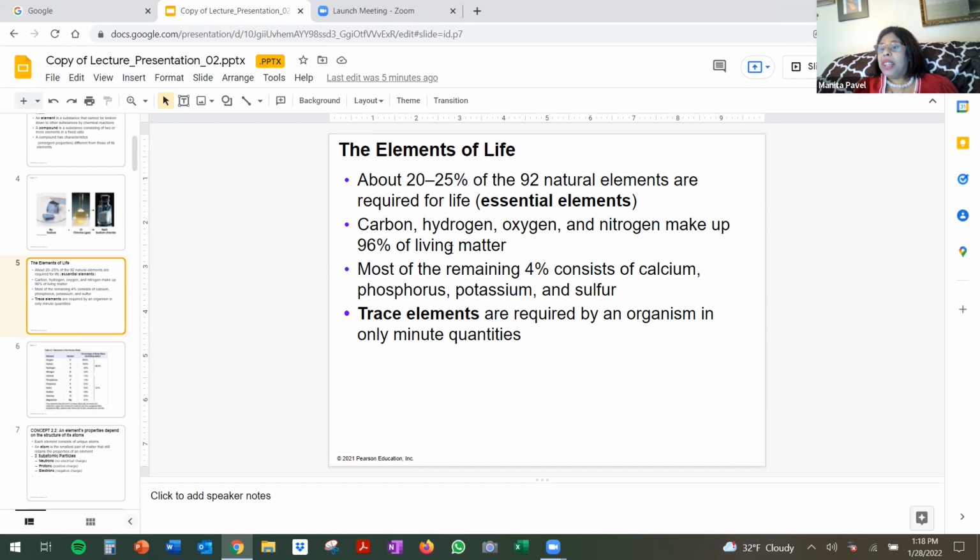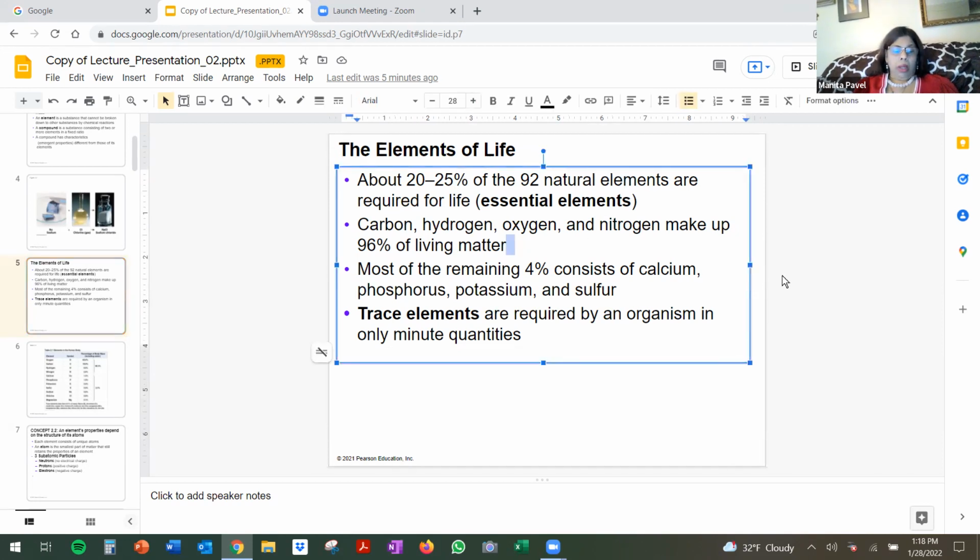And 96% of the living matter is what we call this group CHON. Capital C, H, O, and N. So the CHON group, C-H-O-N.